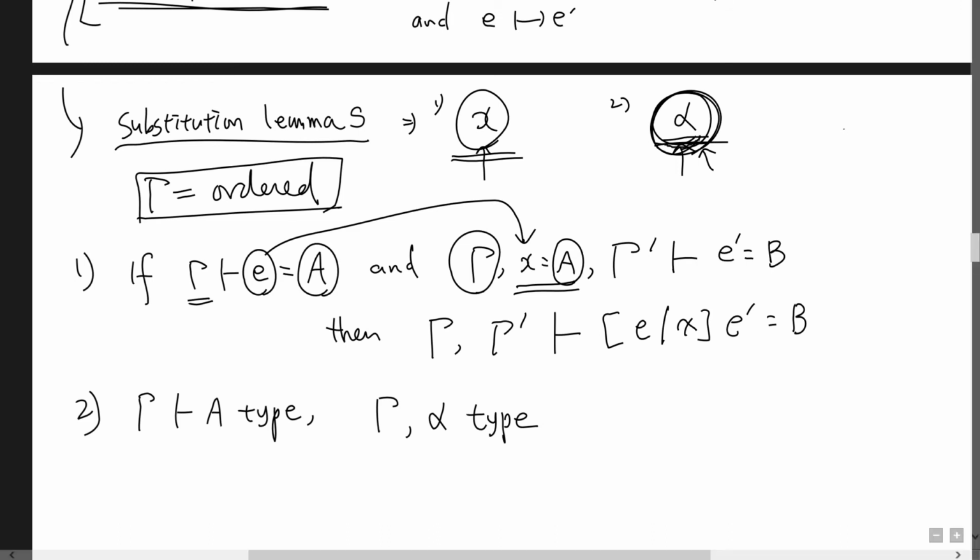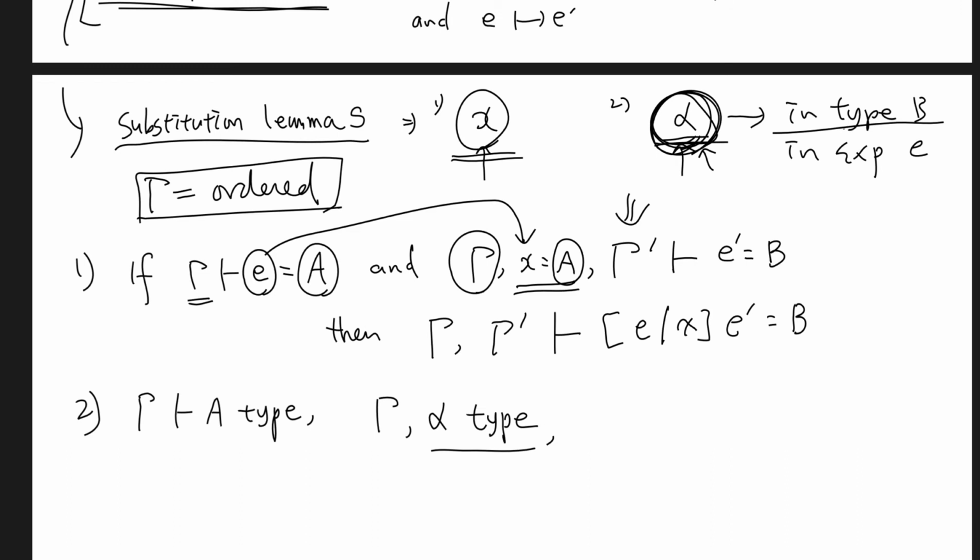And remember that this alpha may appear in a type like B, and also in expression E. So let's first deal with the first case. But just like this example, this type variable declaration is not necessarily the last element in the typing context. In other words, it may be followed by another typing context here. So we generalize the statement and we have a gamma prime here.